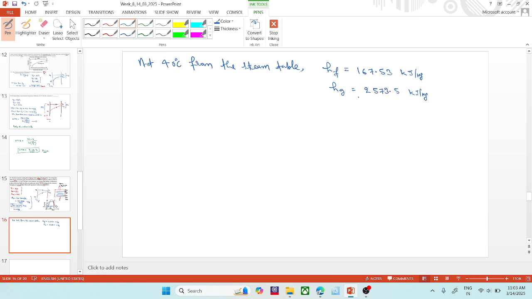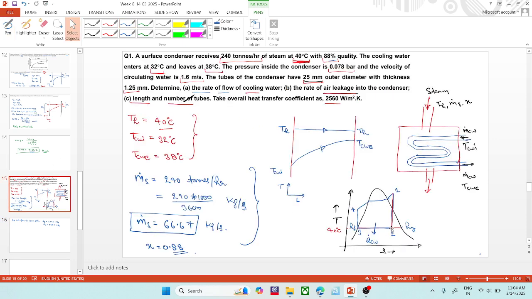Okay, based on that, we can determine the enthalpy at point 2, and the enthalpy at point 3 would be HF only.